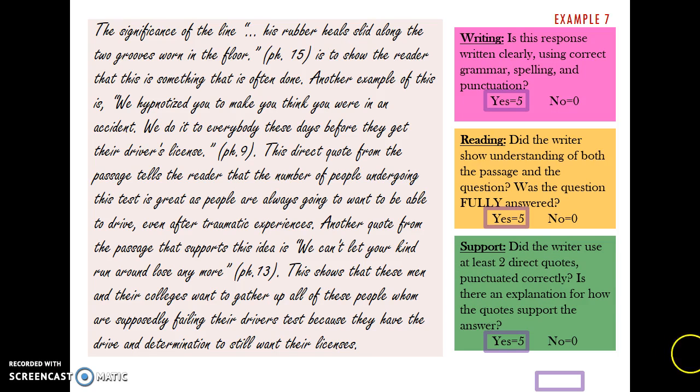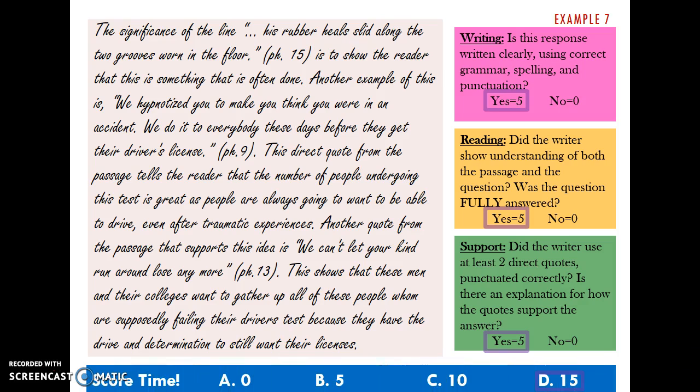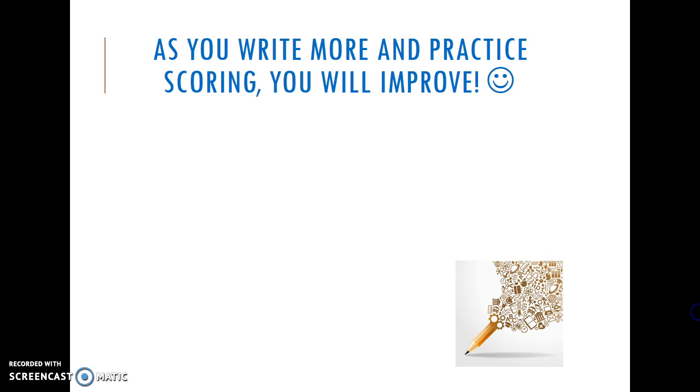Yes, the writer chose at least 2 direct quotes. They are punctuated correctly. She's even included citations, which is not necessarily a requirement for this type of response, but it's good to see those examples there. There are also explanations for how the quotes support the answer. So for this response, we will give it a 15 out of 15, the perfect constructed response for this particular prompt and this particular text.